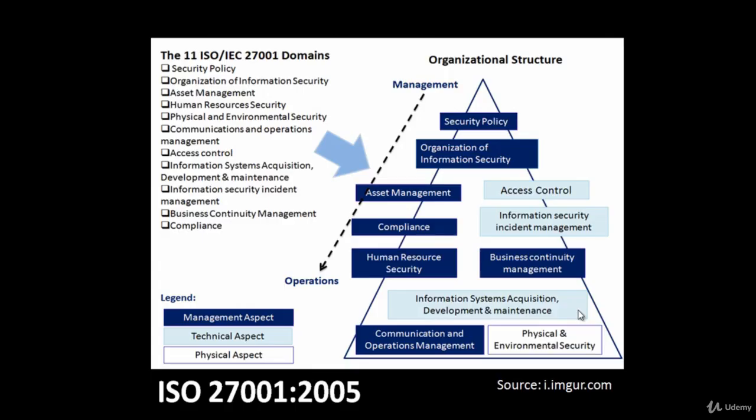The figure seen here demonstrates the aspects of an organization and how the ISO 27001 standard relates to it in order to provide an adequate level of assurance as far as the efficiency of the business processes are concerned.